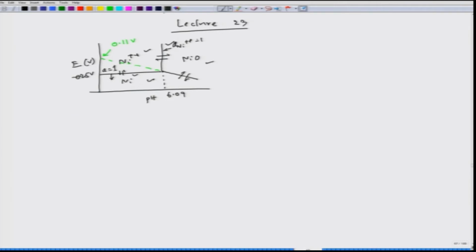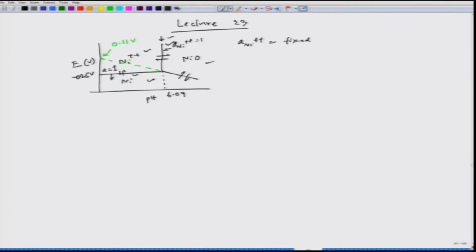Another important aspect is that when we draw these lines according to the reactions we have stated earlier, we have to fix a nickel ion concentration. If we fix this activity to be 1, then for this line we have to also take the activity of nickel ion as 1. If we change it to 10 to the minus 6, then this line also needs to be changed to 10 to the minus 6. So it will be valid for a particular nickel ion concentration. This has to be fixed first, and then we need to draw all 3 lines.